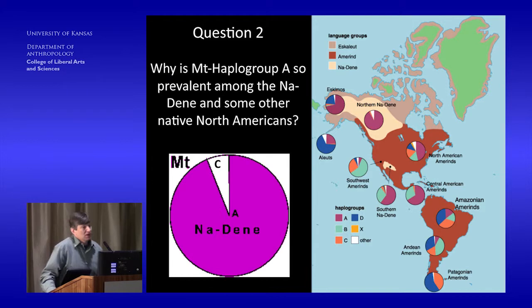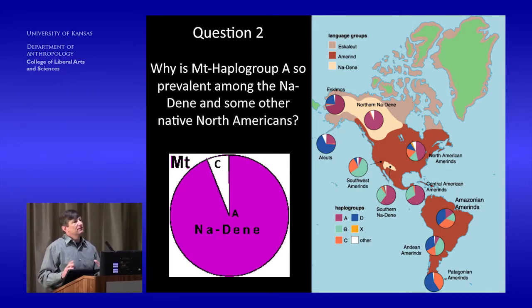Second question, why do certain groups of Native North Americans, like particularly the Athabascans, have predominantly just one of these original founding mitochondrial haplotypes? And in the case of the Nadine, it's one of the subclades of the A haplotype that is also in a minority in the cats, but a distant cousin of it.